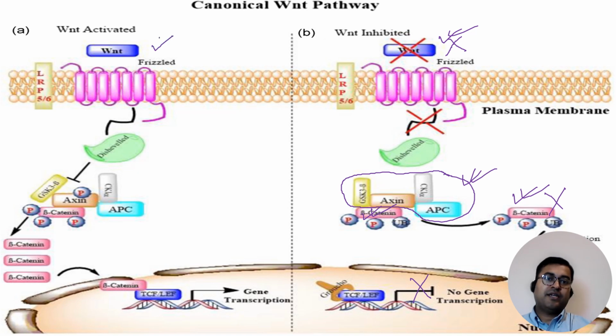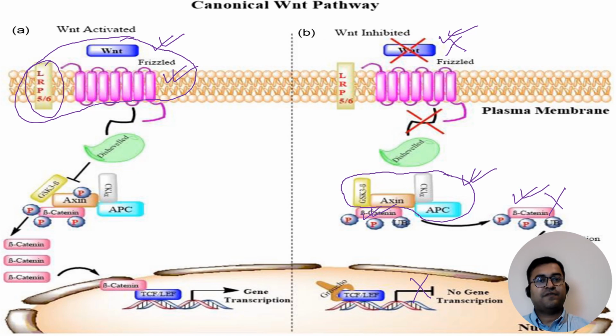Now when this Wnt ligand is present, it is going to bind to this LRP5/6 and this Frizzled receptor. Because of the interaction of this Wnt ligand with LRP5/6 receptor and Frizzled receptor, this Dishevelled protein is recruited at the plasma membrane, and this activated Dishevelled protein is going to disassemble the destruction complex.